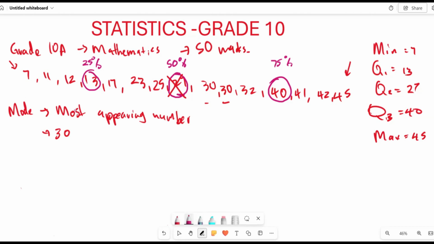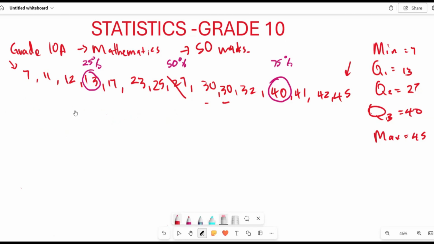Now, we can also represent this particular data in a visual form, which is what we call our box and whisker diagram, right? But before we can do our box and whisker diagram, we need to firstly do what we call our 5-number summary, right?